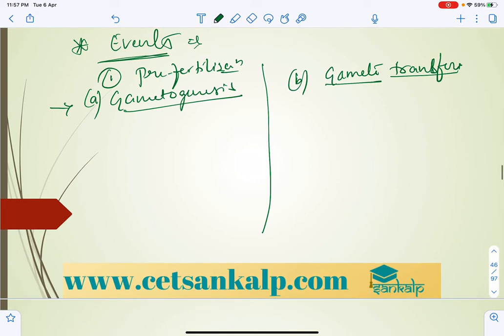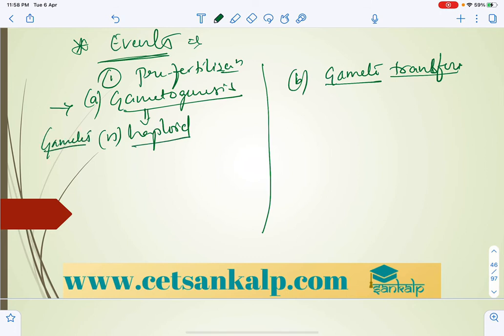Gametogenesis in male is called spermatogenesis and in female oogenesis. This is the production of gametes, which are always haploid. Formation of male and female gametes is called gametogenesis. Based on whether they can be differentiated, gametes that cannot be differentiated are called isogametes, and those that can be differentiated are called heterogametes, as I just mentioned.